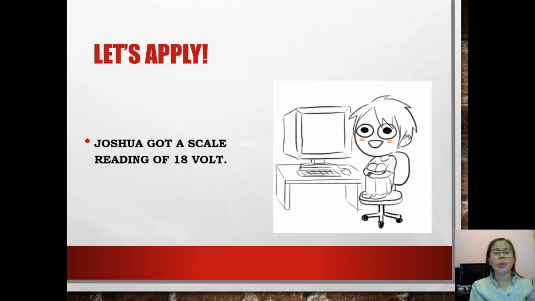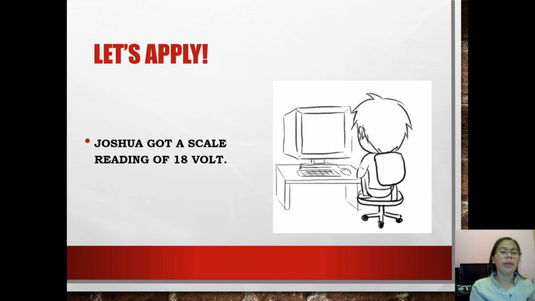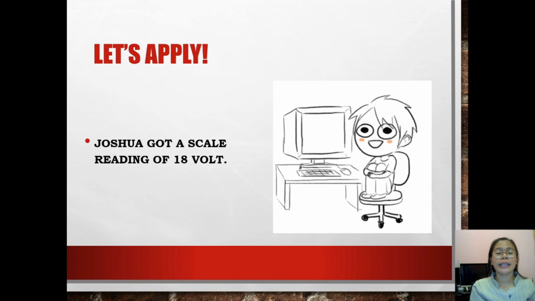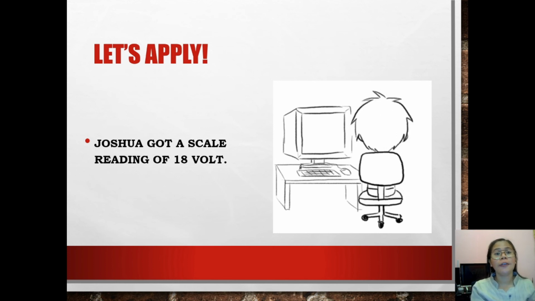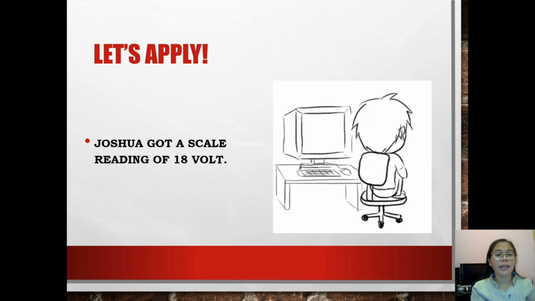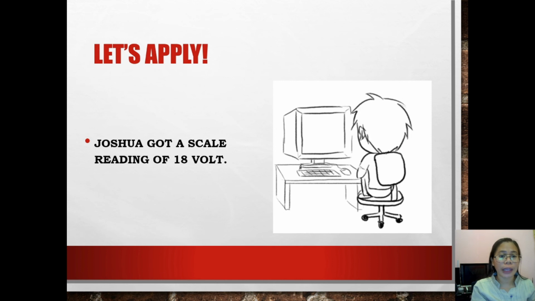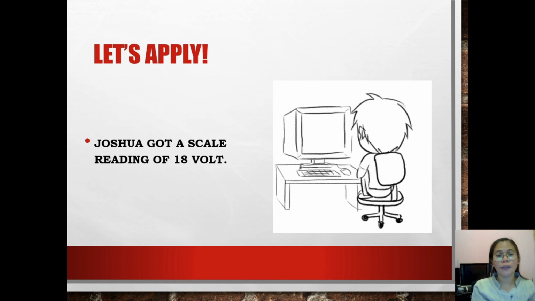Next, Joshua got a scale reading of 18 volts. Joshua took his analog multimeter, set the range to 50, and identified the scale, which is 0 to 50. He got a scale reading of 18 volts.